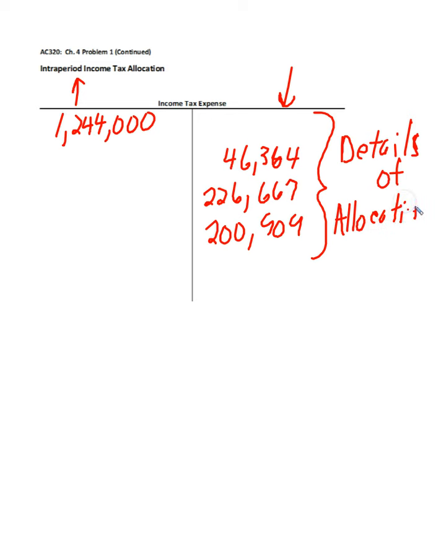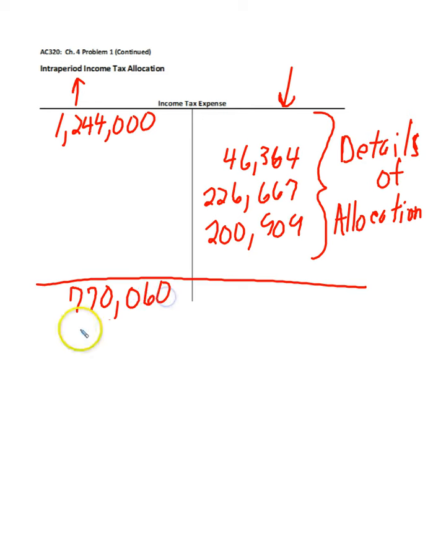So those are the very details. But if I draw my line for the income tax expense, I take the debit minus all the credits, I'll get a net expense of $770,060. That's our real net expense.